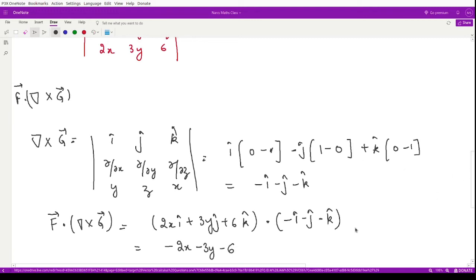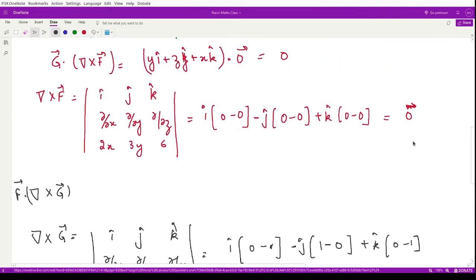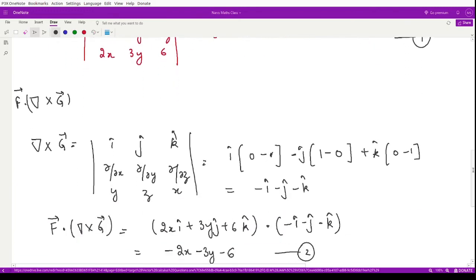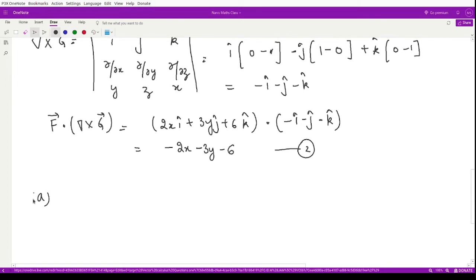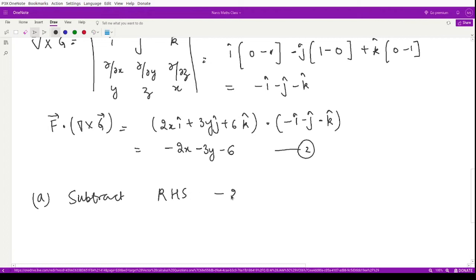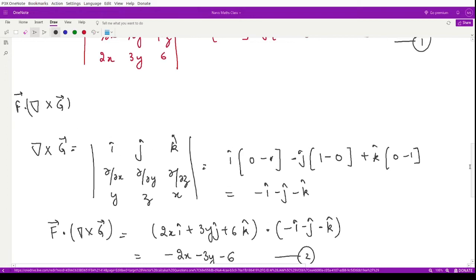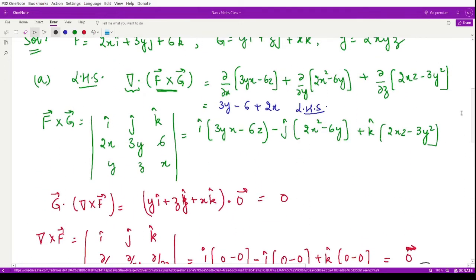So you have the second part and you have the first part of the right hand side. When you subtract these two for option A, you obtain the right hand side as minus 2x minus 3y minus 6. Now let's look at our left hand side. Our left hand side is this. So obviously they are not equal, so we may rule out this option.